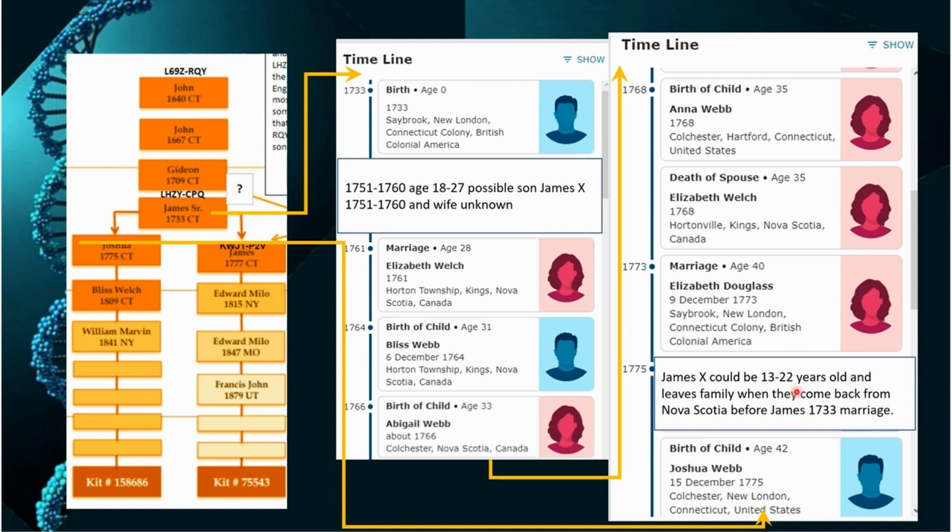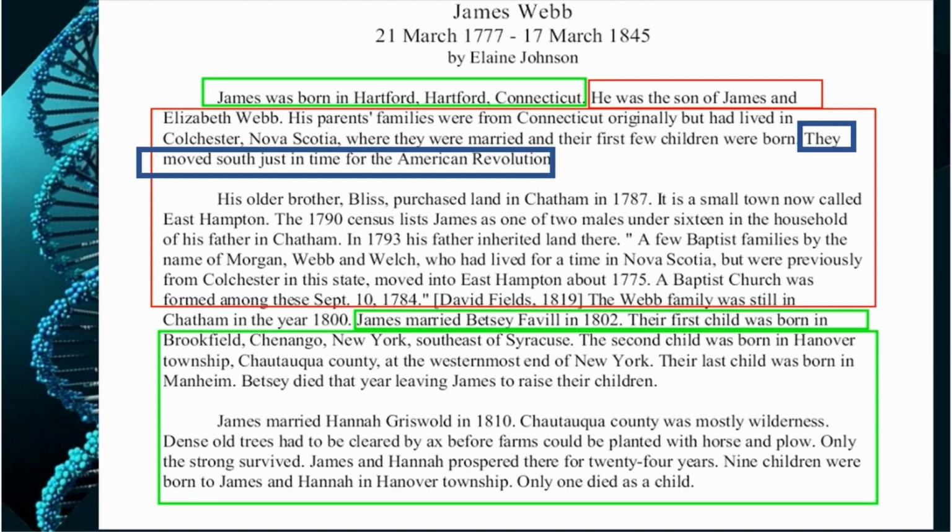Now, the only thing I've got here is the comment after he goes up and marries Elizabeth Welch. They came back just in time for the American Revolution.